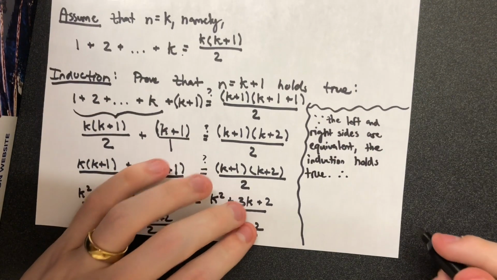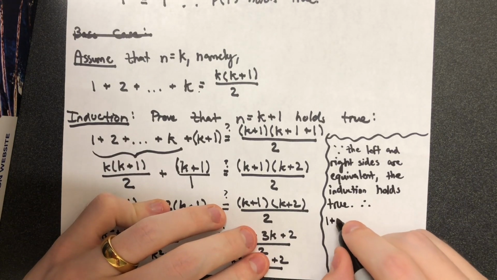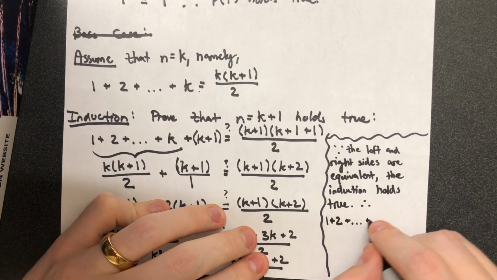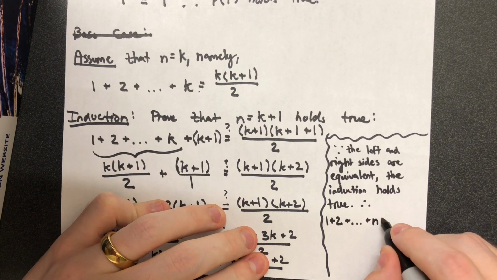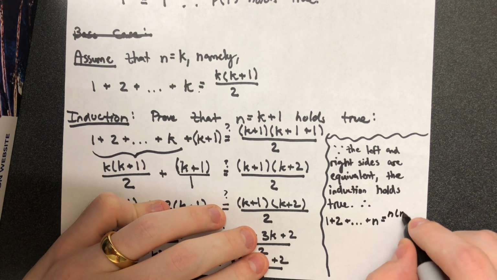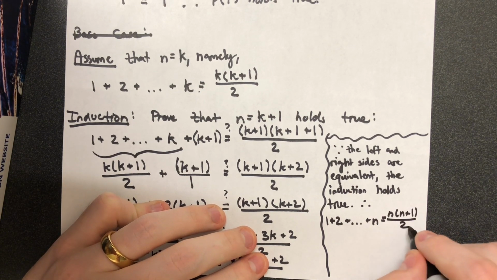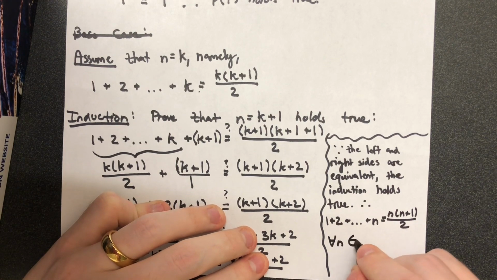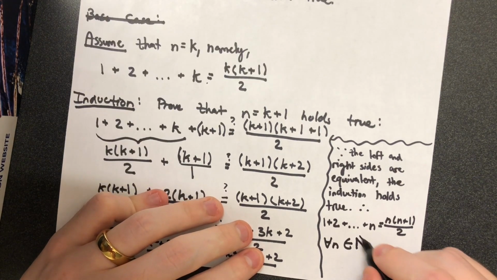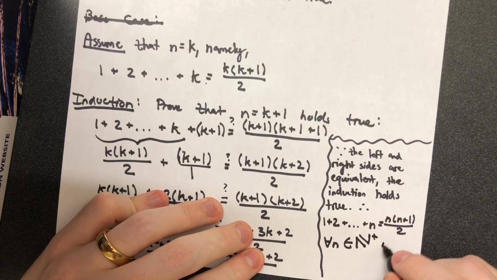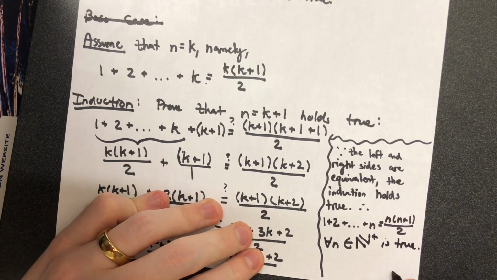Therefore, the original statement, 1 plus 2 plus ... plus n equals n times n plus 1 over 2, for all n in the set of natural numbers is true.